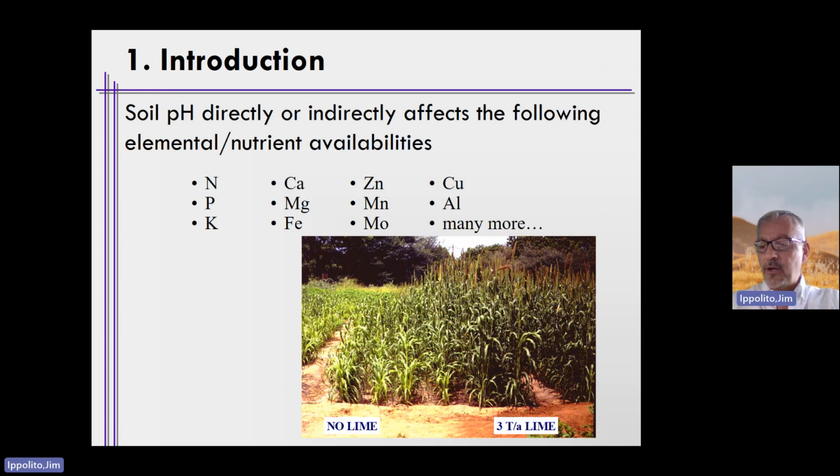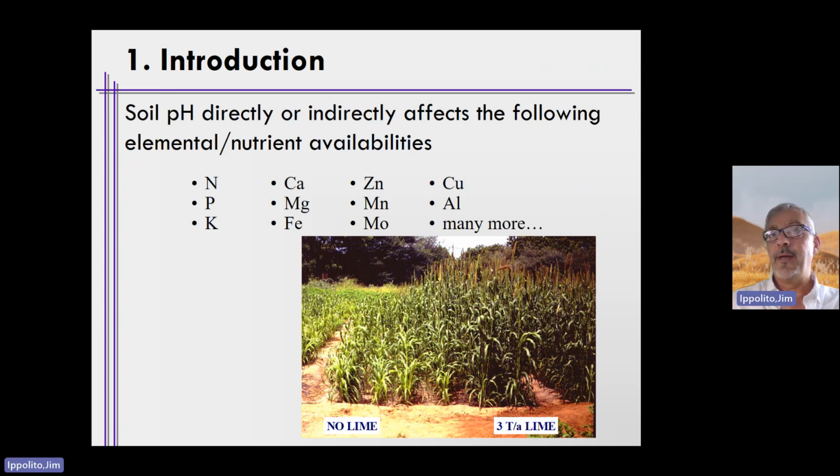Soil pH. If I had to measure one constituent, I couldn't do it anymore because I've studied soils for too long. When I was younger, if I had to measure one constituent in a soil, it would be pH. Why? Because pH directly or indirectly affects nutrient availability across a wide swath of nutrients.